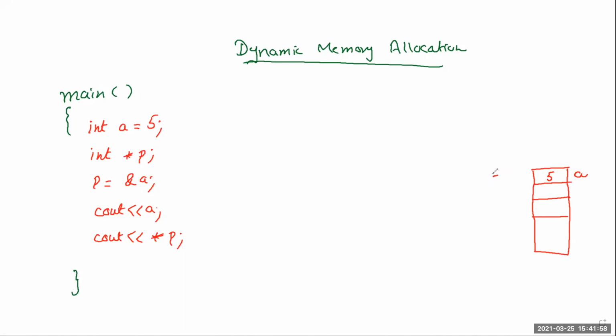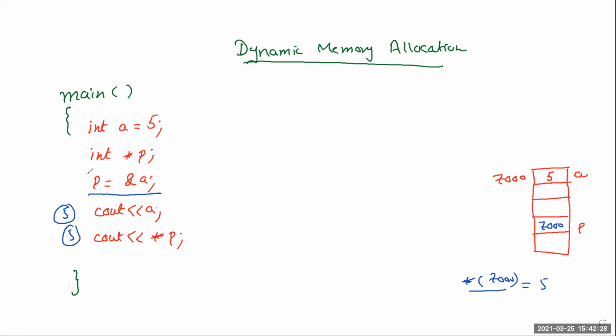Say it has an address, which is just, assume, any number, 7,000. And then this is your P. So when you write this statement, P gets the address of A, the address of A will go to P. And when you write this, it is like contents of 7,000. So contents of 7,000 are actually 5. That's why both of these are giving you 5 as an output, right?